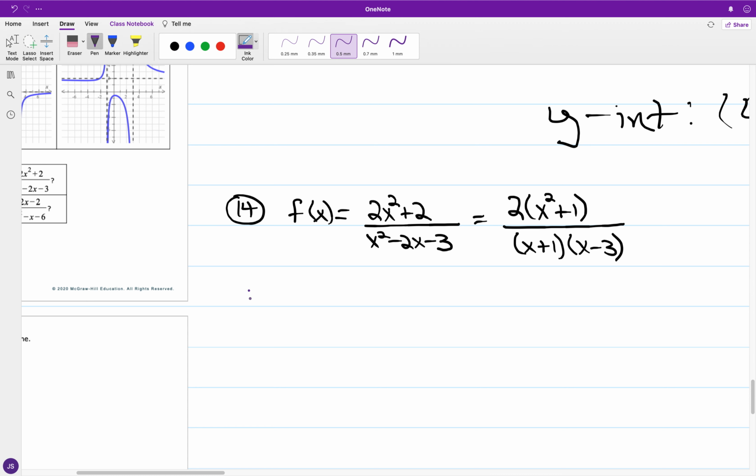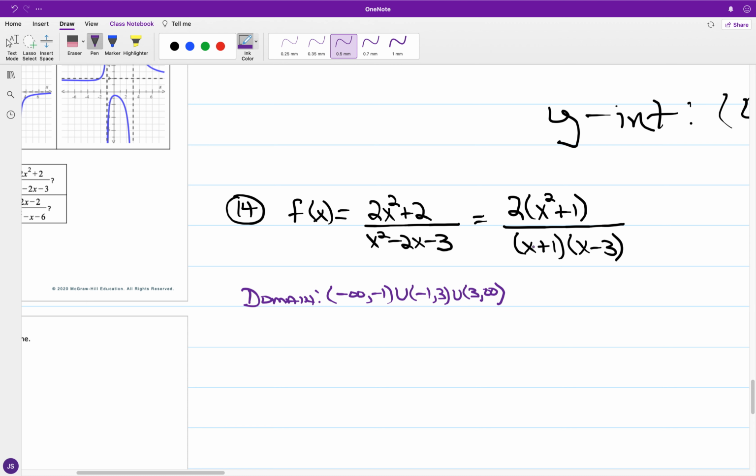Now I'll just mention, again, the denominator cannot be 0. I'll just mention for the domain, again, your x values of -1 and 3 are going to be restricted.